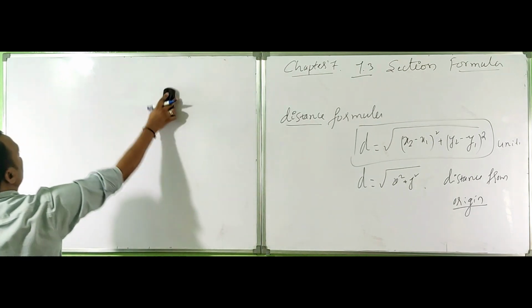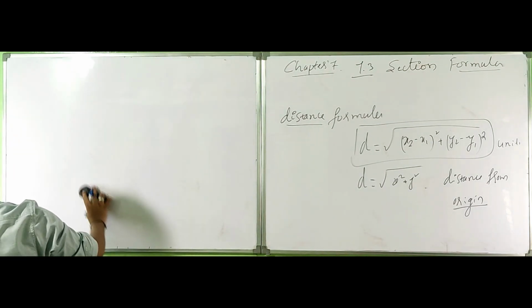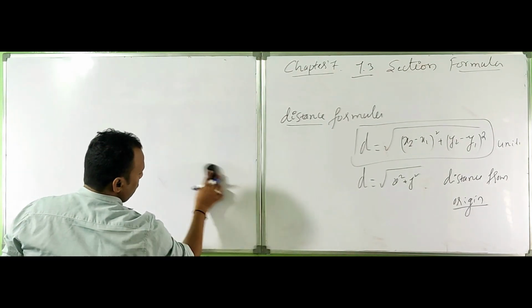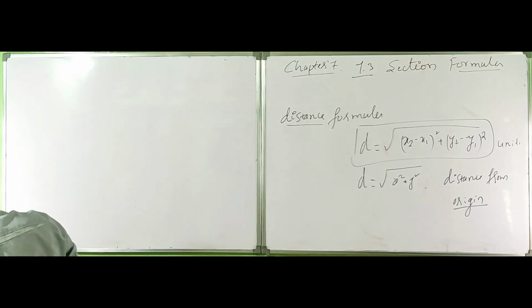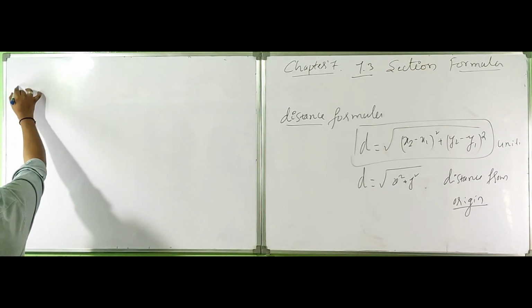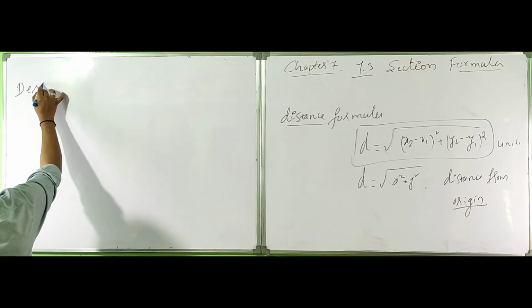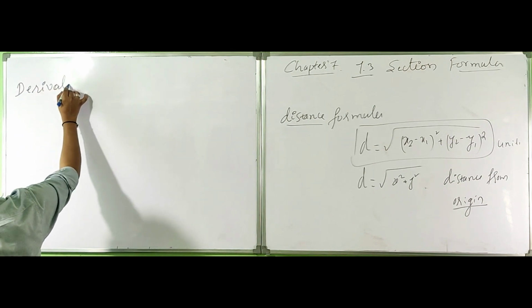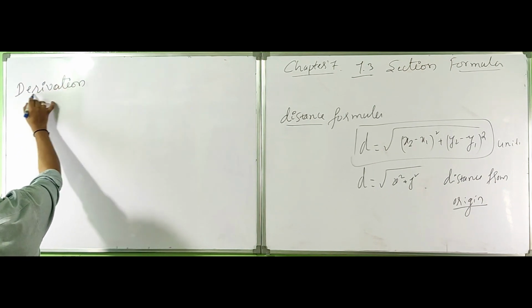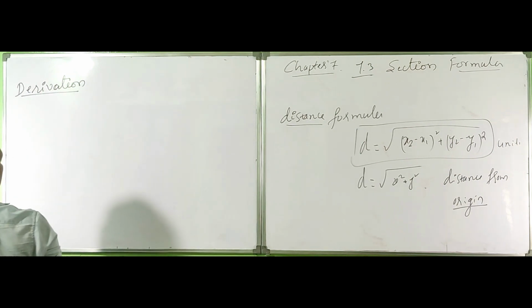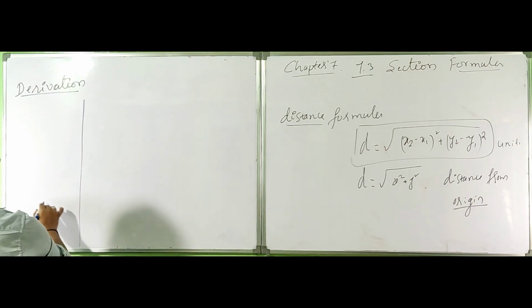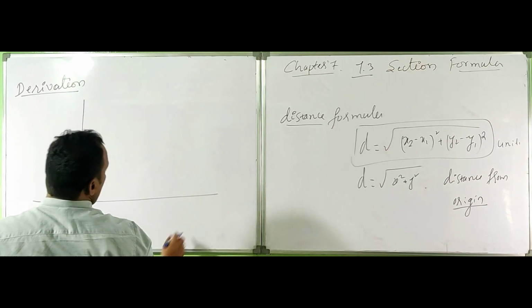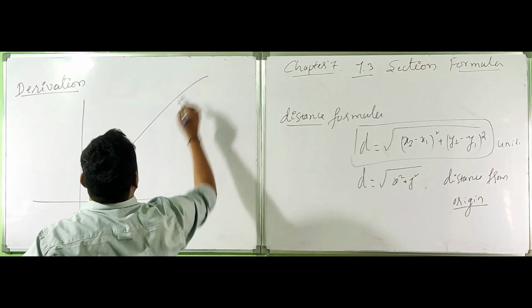Derivation. Again, we are going to use similar triangles, right? So this is the origin, and this is the line.